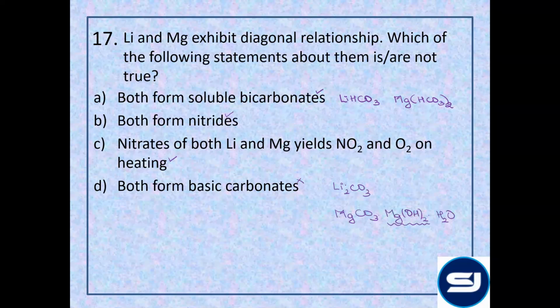Because what type of bond is there between lithium and carbonate? Covalent. But here, because of the ionic bond, the formation of the basic Mg(OH)2 carbonate is possible. So Mg forms a basic carbonate, but lithium doesn't. Hence the answer is option D.